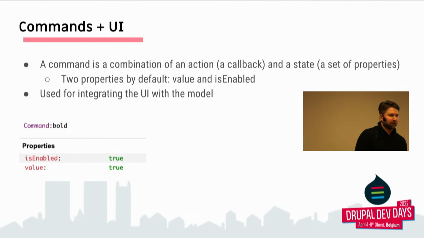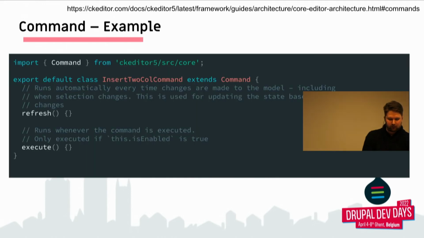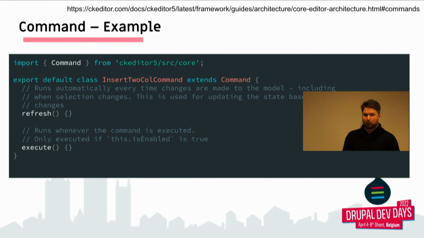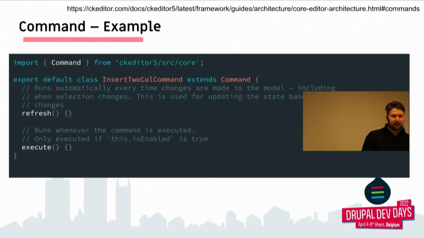If the current selection is text, which could be marked as bold, then we would have this enabled. And those rules are defined in the schema. So the schema defines what is allowed and what is not allowed. The image schema would not allow that to happen.